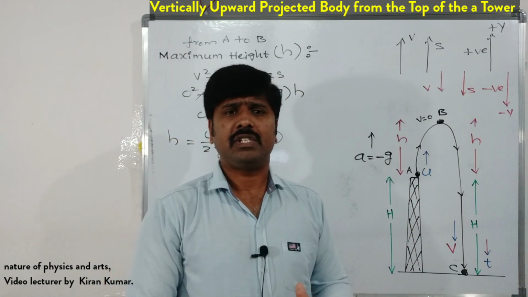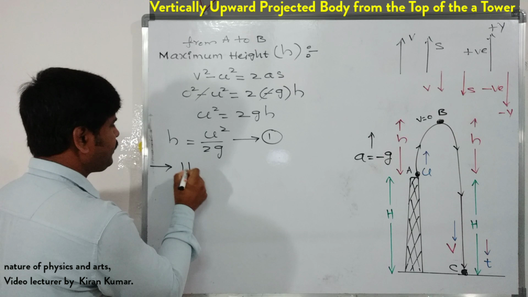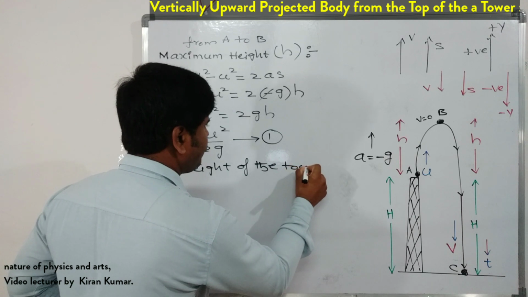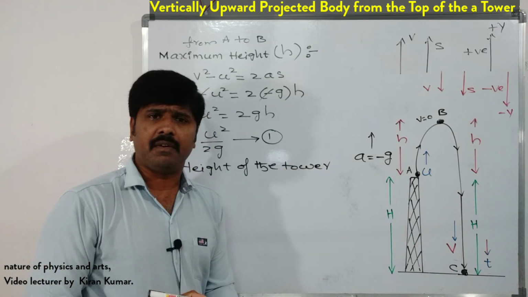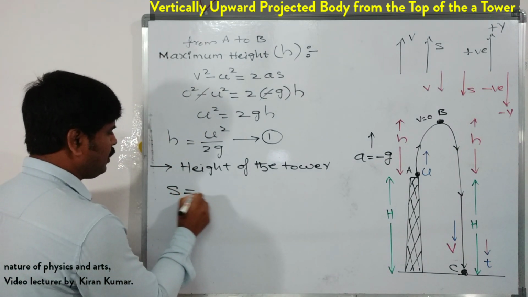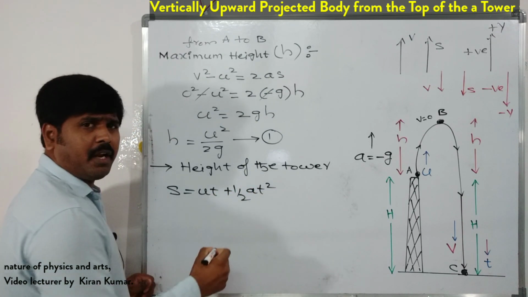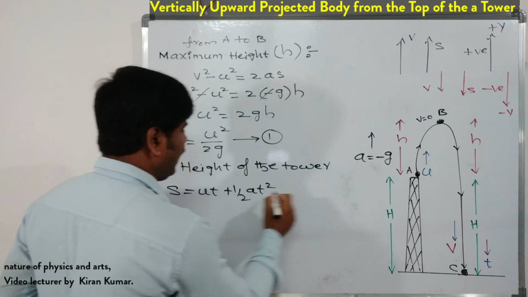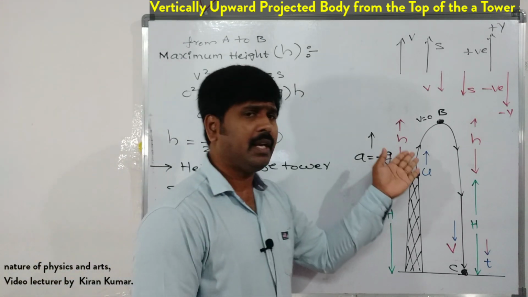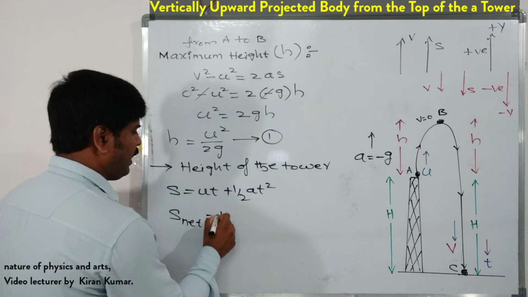Next we will discuss the height of the tower. For the height of the tower, the equation is s is equal to ut plus half at square. Try to understand the values I am going to write here. s is the net displacement. In the upward direction, A to B is positive, so it is taken as plus h.